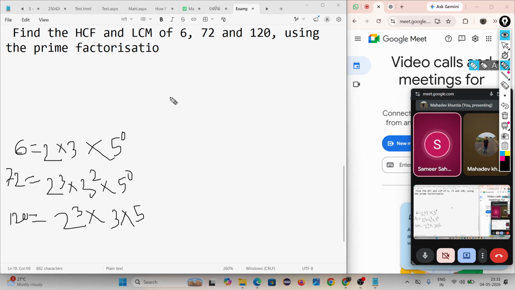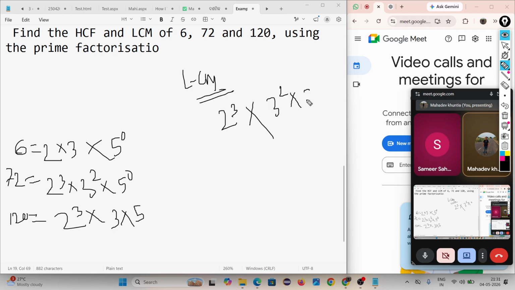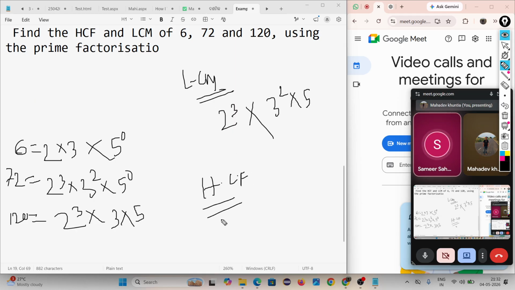Look. For LCM, take each term's highest power. For 2, the highest power is 3, so 2 raised to the power 3. For 3, it is 2. For 5, it is 5 to the power 1.